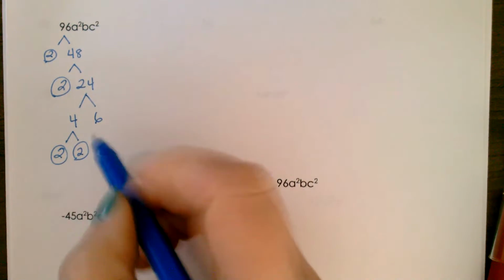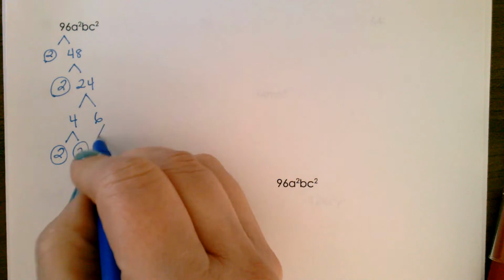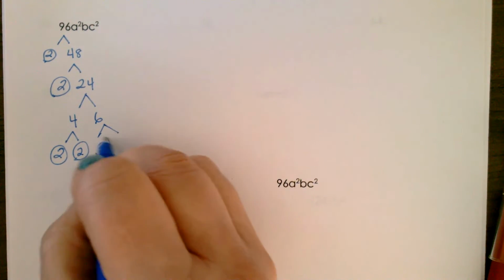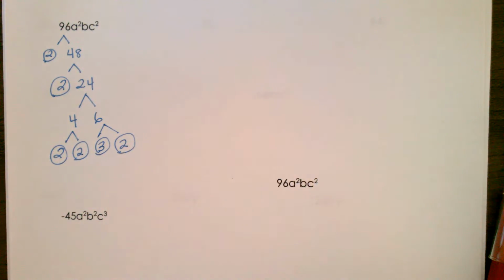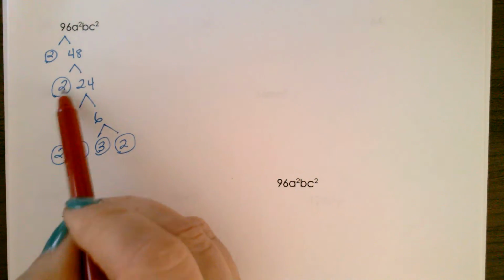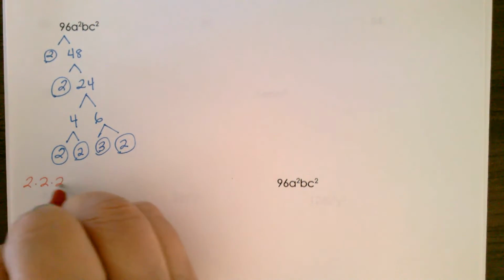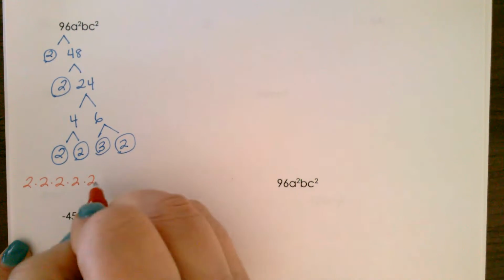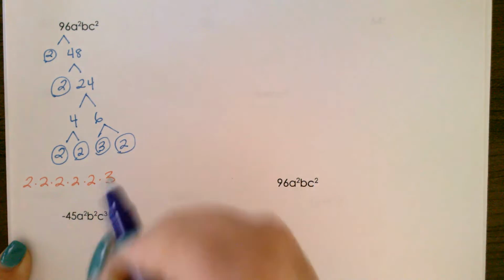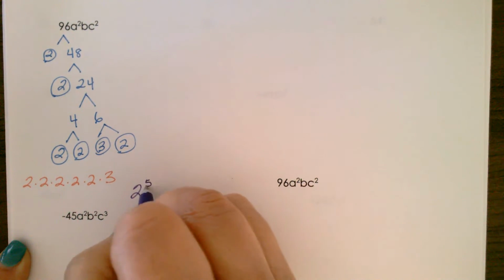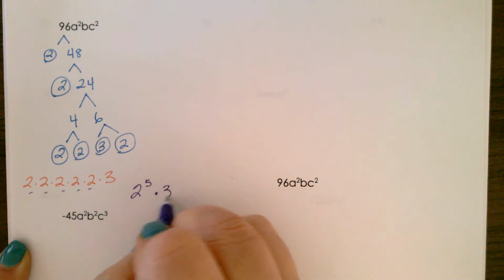Okay. But I have 6 hanging out here. I need every number at the end to be in an ornament, and 3 times 2 is 6. So I have 1, 2, 3, 4, 5 2s and 1 3. I will write my final answer as 2 to the 5th because I had 1, 2, 3, 4, 5, times 3.